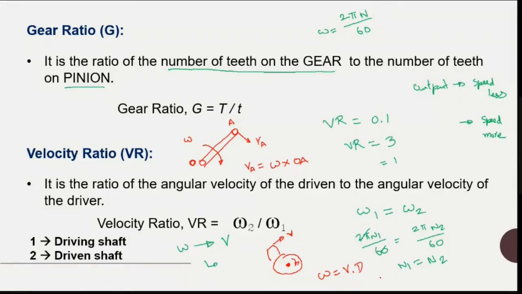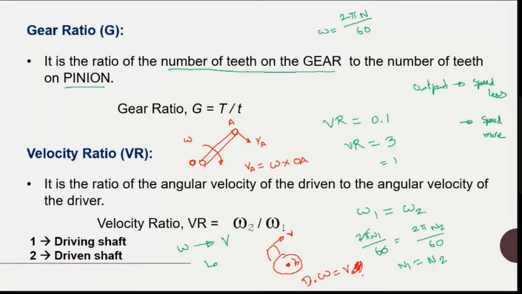Sir, what distance is D? Sorry, this is wrong. Pitch circle. So your V is omega into D. Okay.